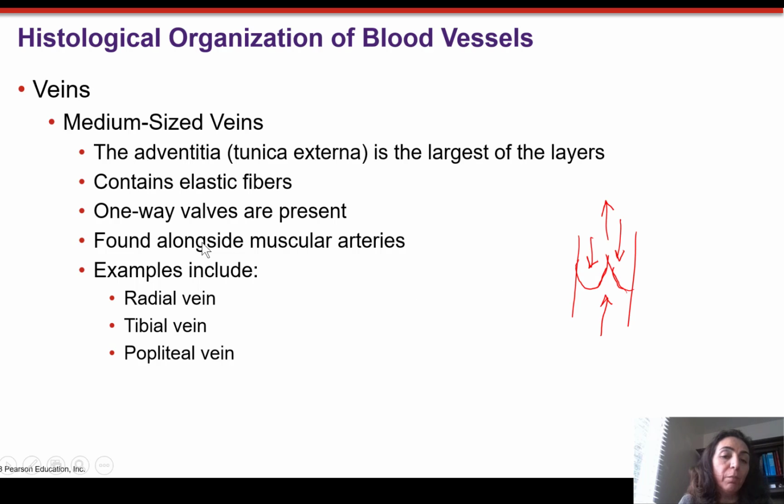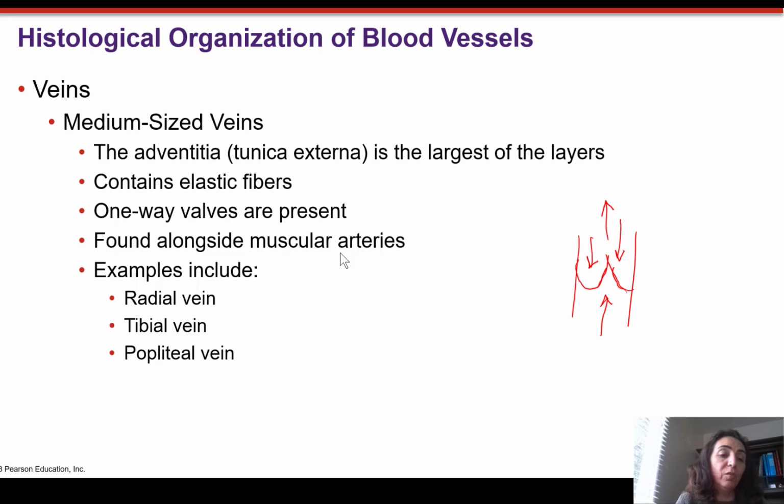These can be found alongside muscular arteries. These medium-sized veins are equivalent to the muscular arteries. They go side by side to each other, and the examples are the same as for the muscular arteries. Over there we have the radial artery, the ulnar artery and all those. Most of the arteries that we see were muscular arteries, and the veins go along them.